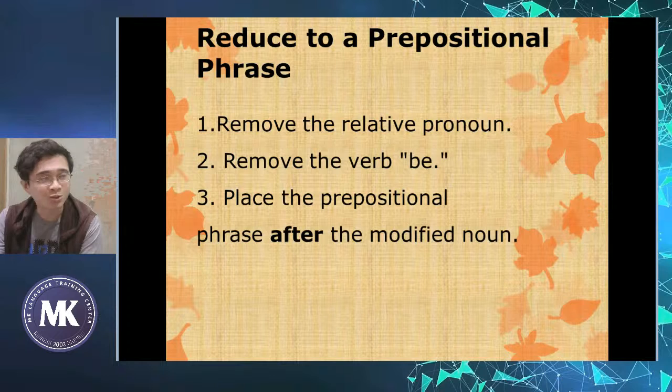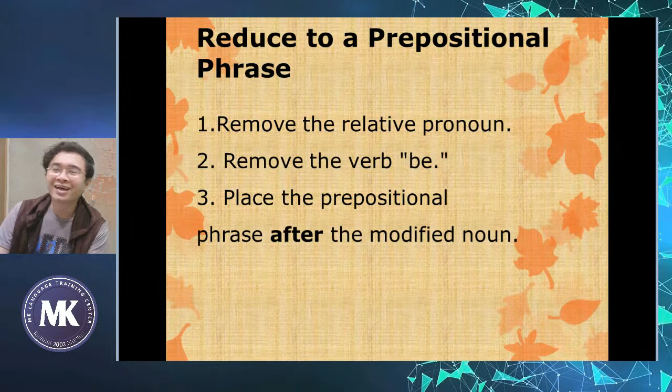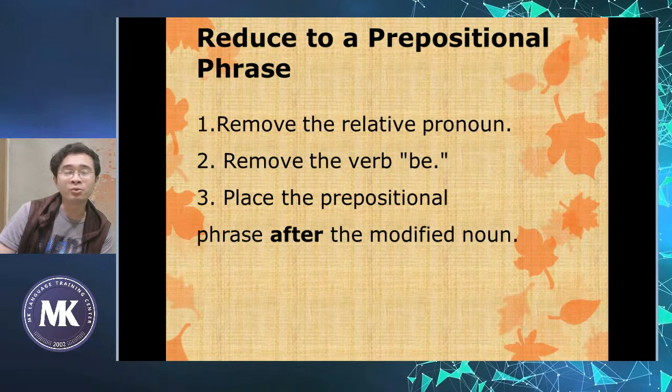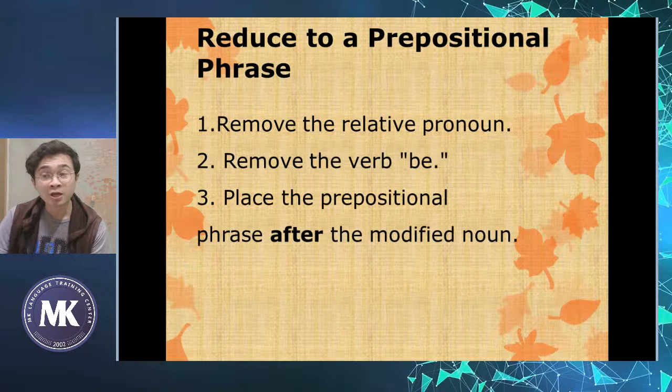Generally, be is being removed as well. And then place the prepositional phrase after the modified noun. So it's the same rule as with the adjective phrase. The remaining words or phrase are placed after the noun that it modifies.